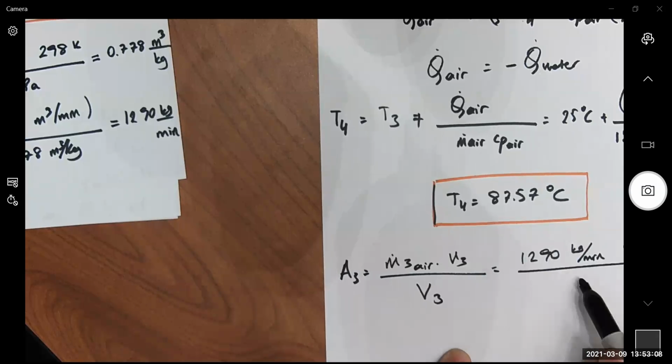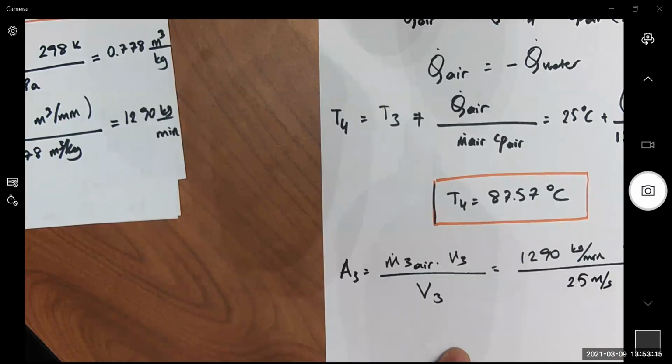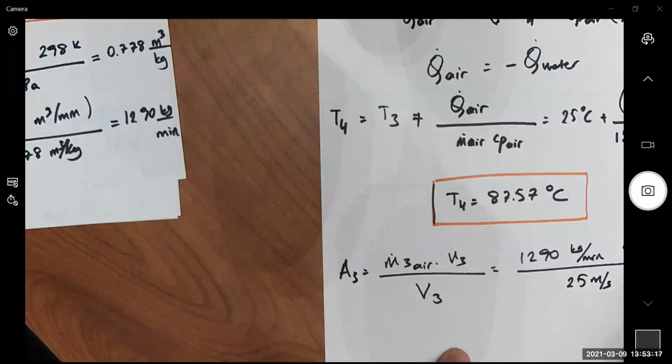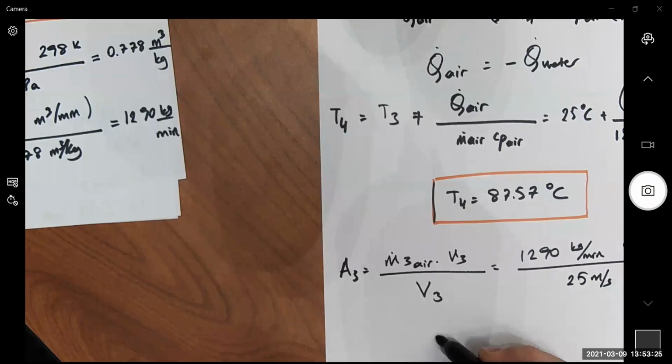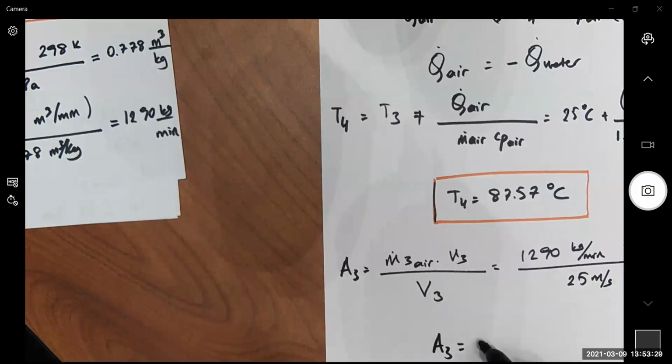Velocity is 25 meters per second. Okay. I need a unit conversion here, 60 seconds to 1 minute. That should be good. Area from here at the inlet falls at 3.667 meters square.